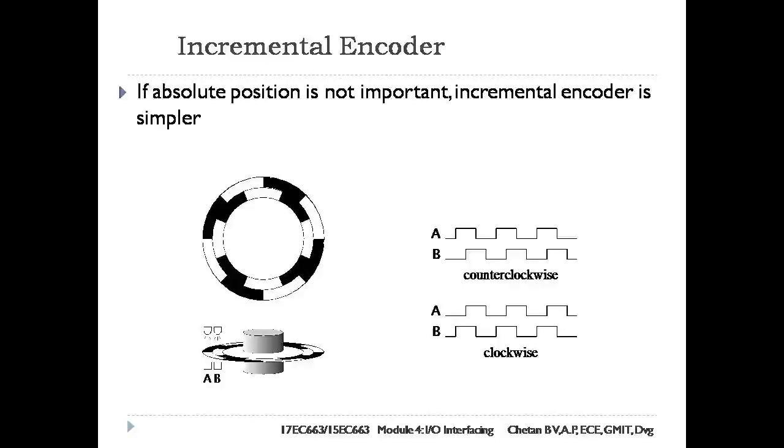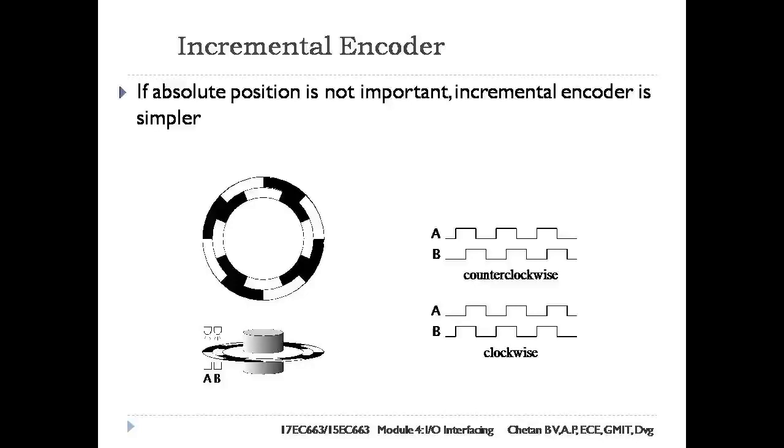An input incremental encoder operates by generating two square wave signals that are 90 degrees out of phase as shown in the figure. The signals can be generated either using electromechanical contacts or using an optical encoder disc with LEDs and photosensitive transistors as shown in the figure.